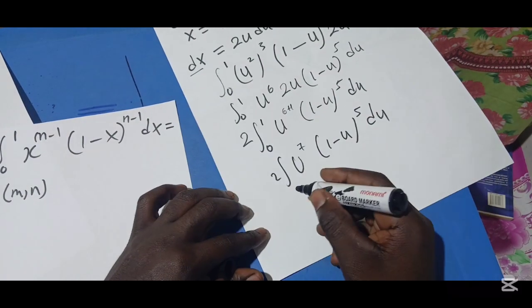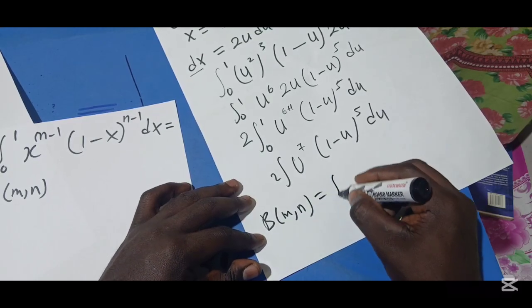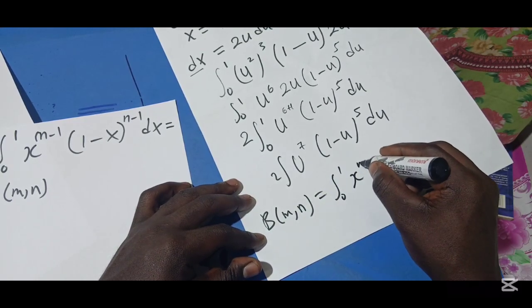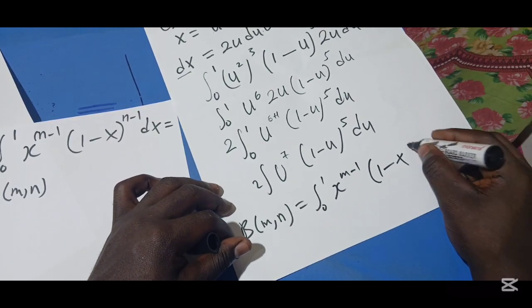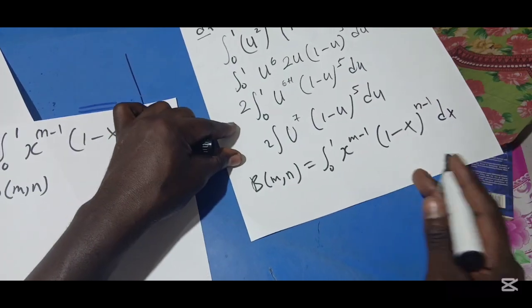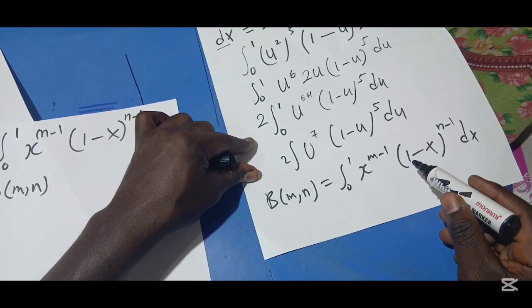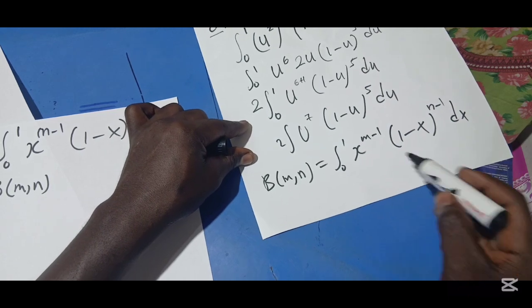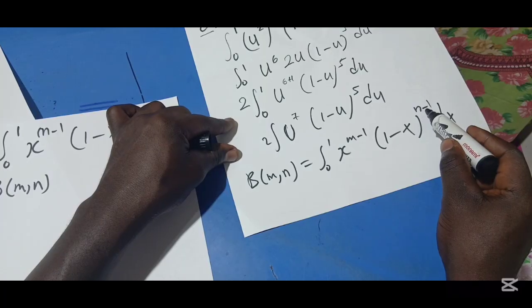We know that beta of m, n equals the integral from 0 to 1 of x to the power m minus 1, 1 minus x, all to the power n minus 1 dx. Now what we are going to do is to equate powers, to look for our m and n.